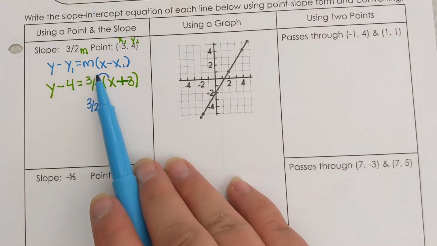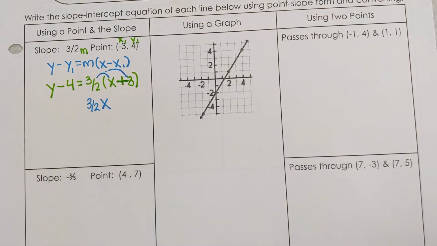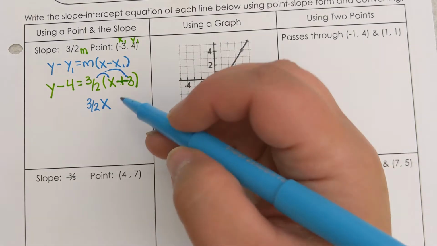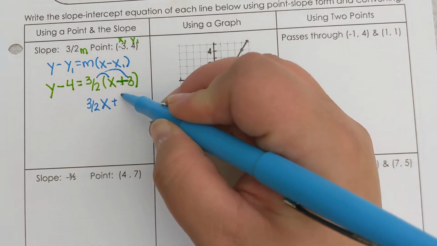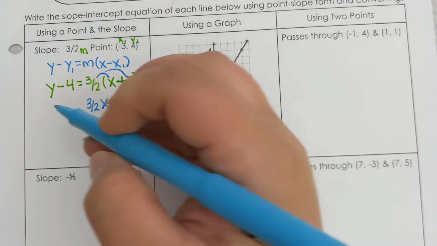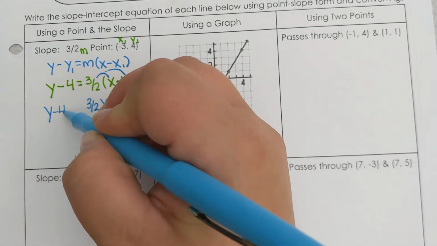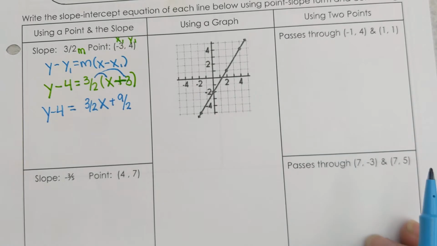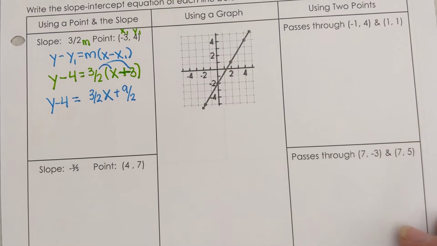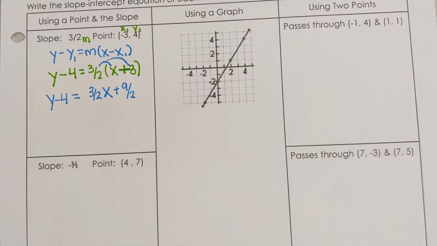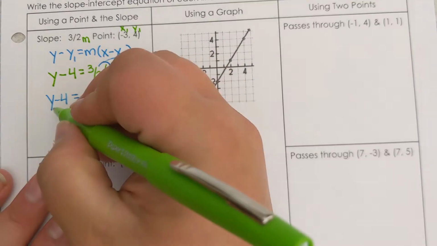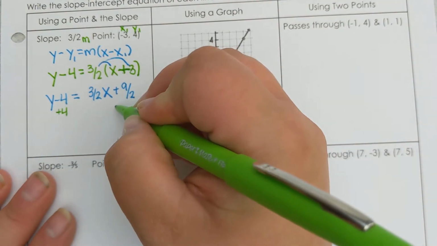And then 3/2 times 3 is going to be 9/2, or 4.5 if you really want. Okay, and then I want to get y all by itself, so I need to add 4 to both sides.